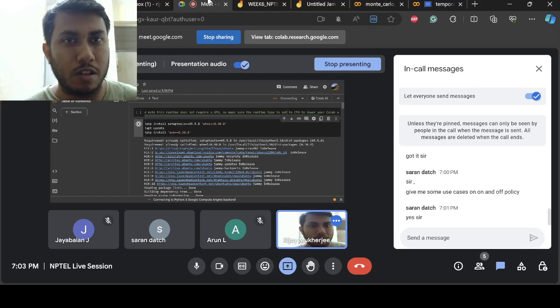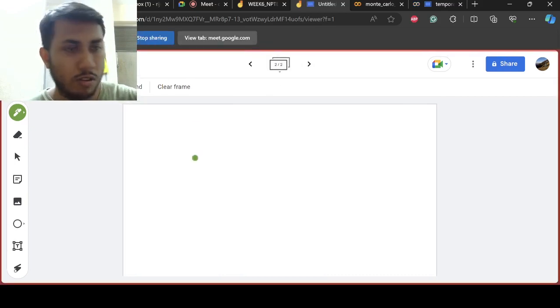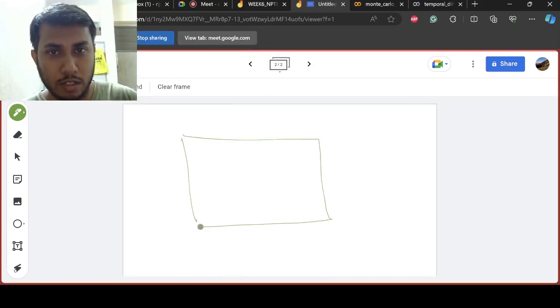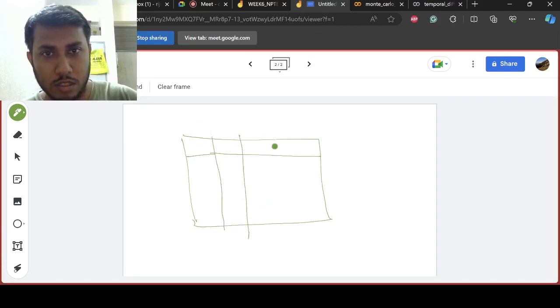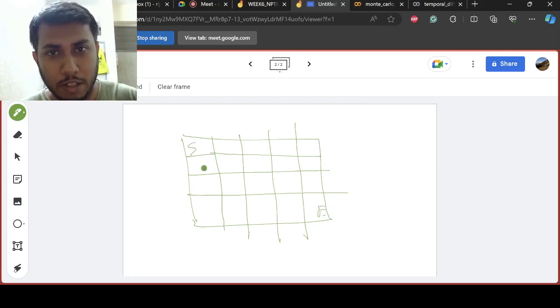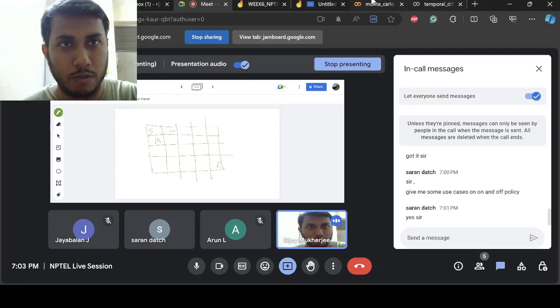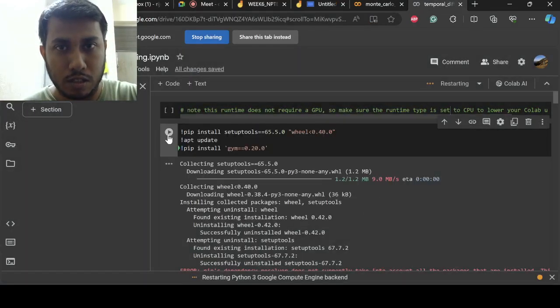So you have this grid, a lake. Here was your starting position, and here was your end position, and there was some ice or some lake, right? So you have to skip those things and go. Let me just run it.